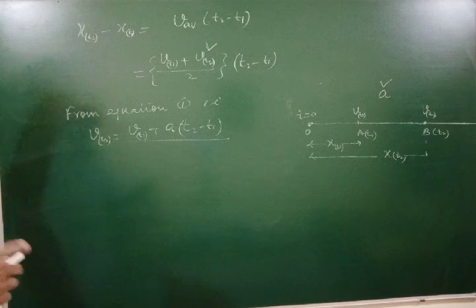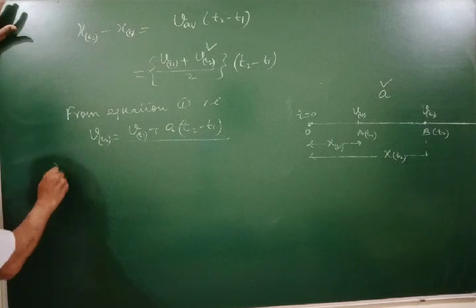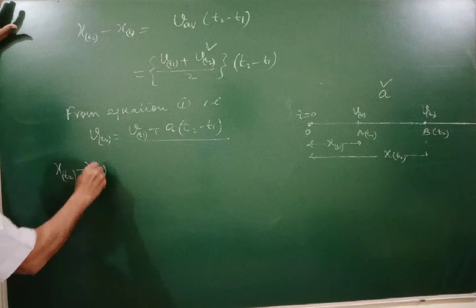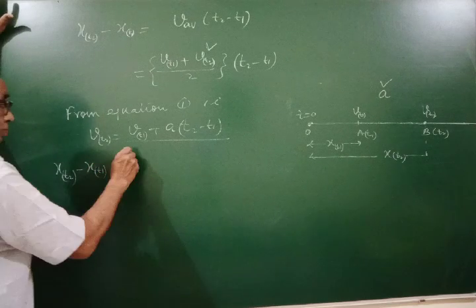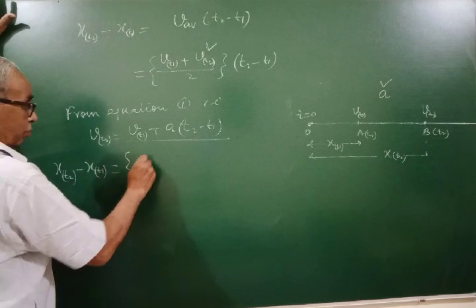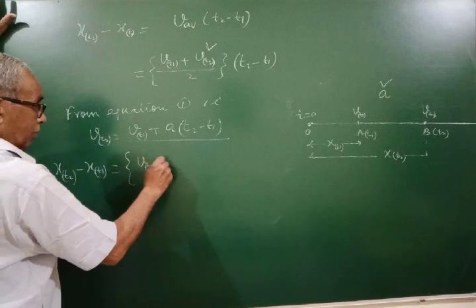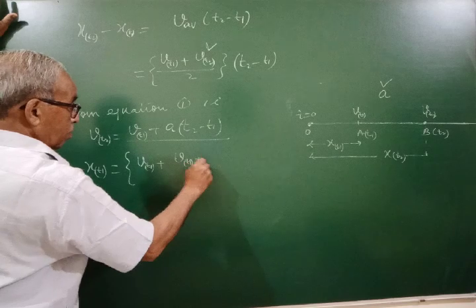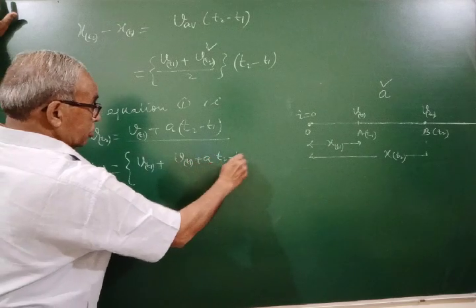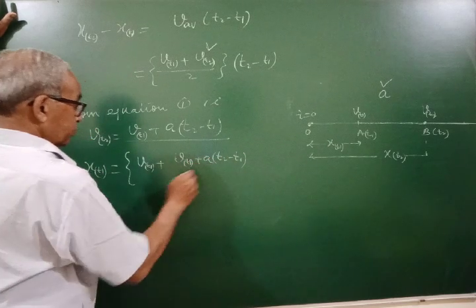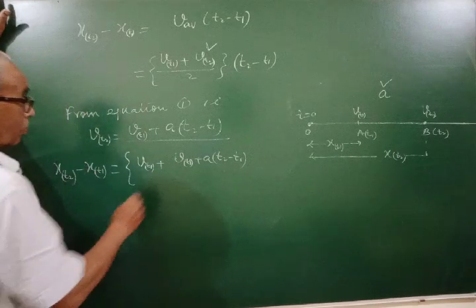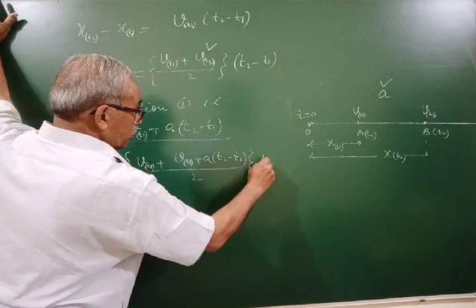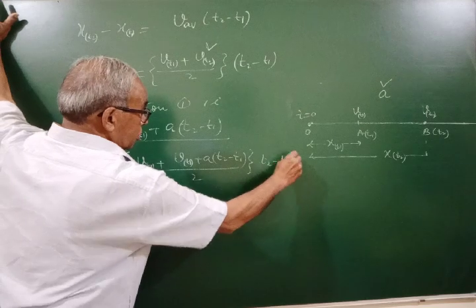Very simple. So xt2 minus xt1 is equal to (Vt1 plus Vt1 plus a into (t2 minus t1)) upon 2, into (t2 minus t1).